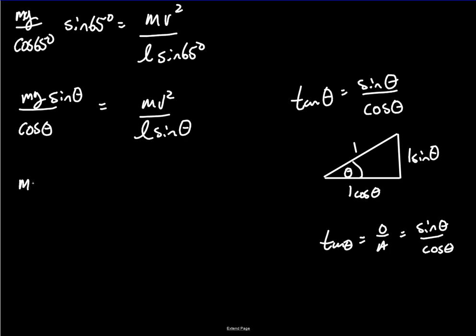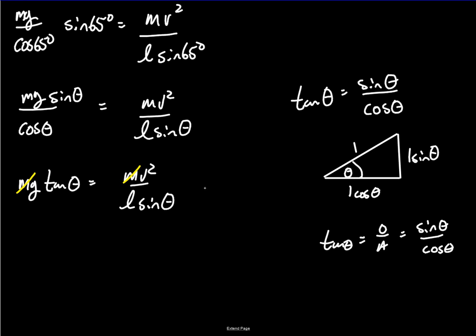So mg tan of theta equals mv squared over L sine of theta. And I suddenly see here that the mass in this scenario ends up being cancelable, so we can get rid of that.